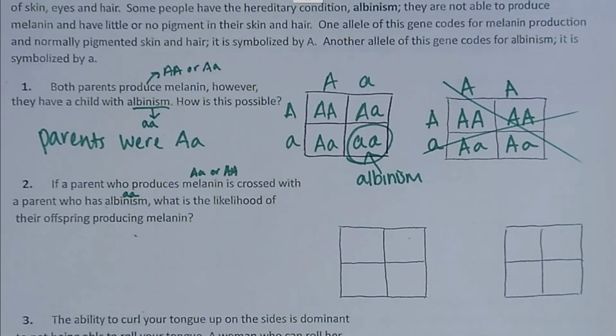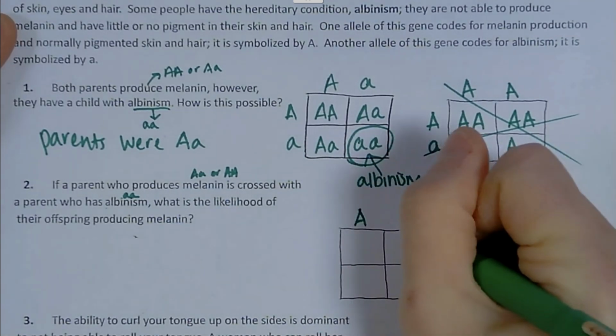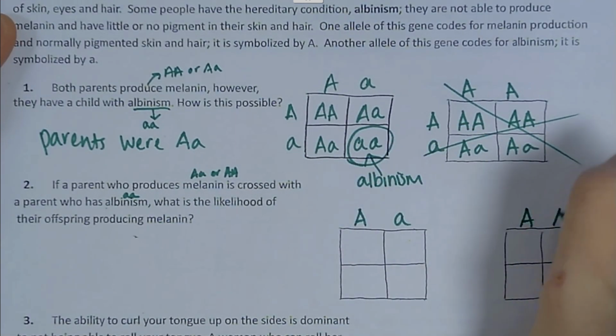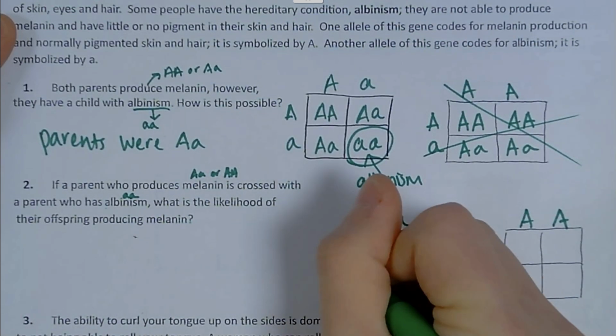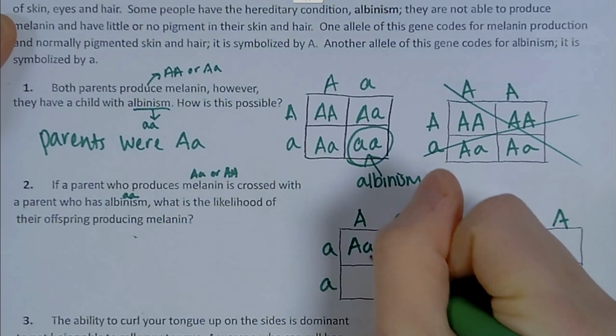What is the likelihood of their offspring producing melanin? Well, a parent who produces melanin is crossed with a parent who doesn't. So we'll try parent 1 as both our sets and parent 2 with albinism, and we'll see what we get.